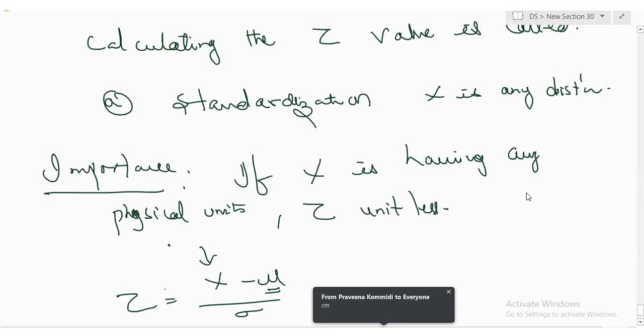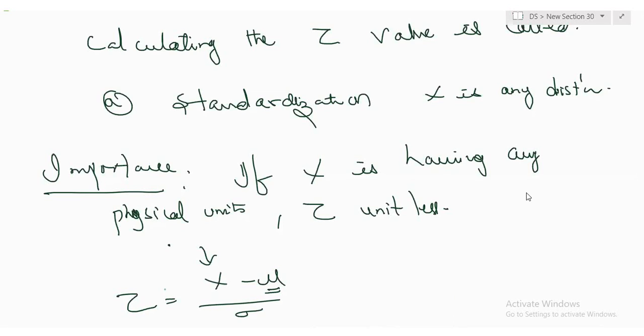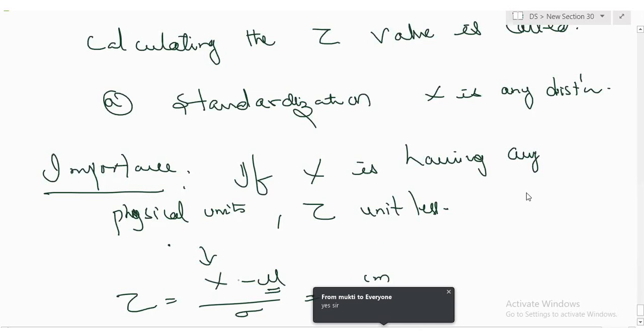If you subtract something from something, you are going to get some numerical value having the same units, not 0 units. All are with me? You guys are understanding what I'm saying? So the numerator is going to have, let's say X is in centimeters, the numerator is also going to have centimeters. And what are the units for my sigma? Again centimeters. Why?